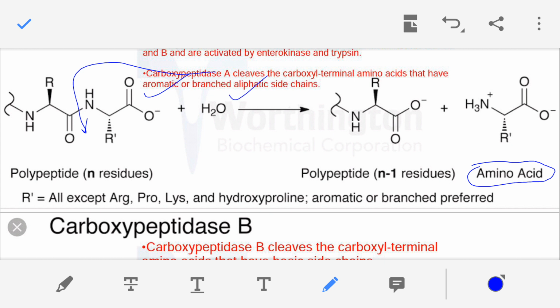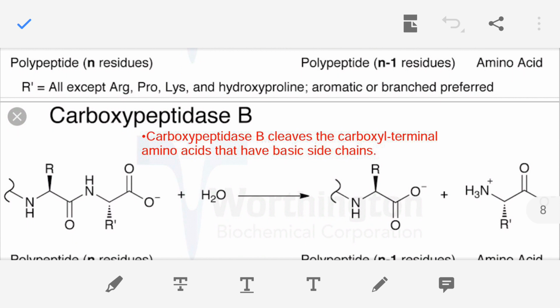The terminal amino acid can be any amino acid except arginine, proline, lysine and hydroxyproline. Okay.